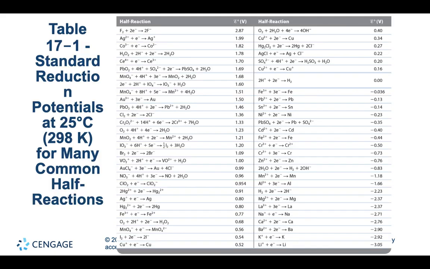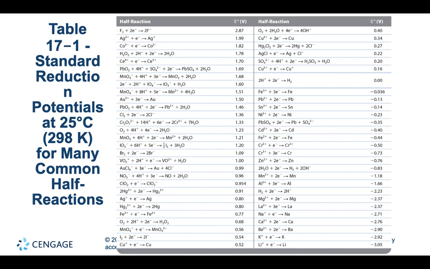So here's my table. Copper 2+, I've used that one before. I know it's the second one on the right column, 0.34 volts. And now I'm scanning for Fe 2+ and Fe. And I find it down at negative 0.44 volts, about the middle of the second right-hand column. Fe 2+ plus 2 electrons yields Fe.